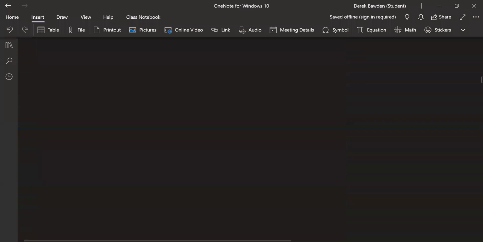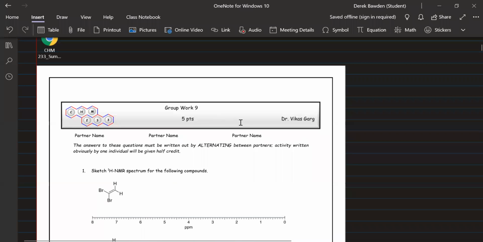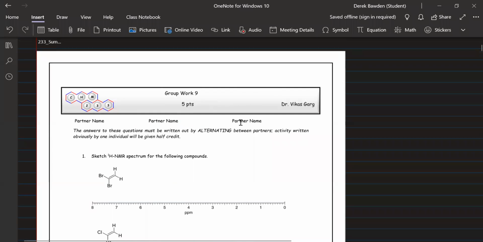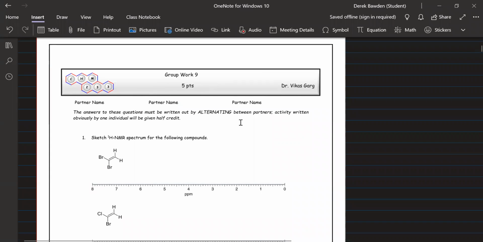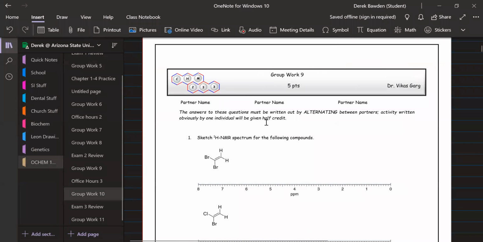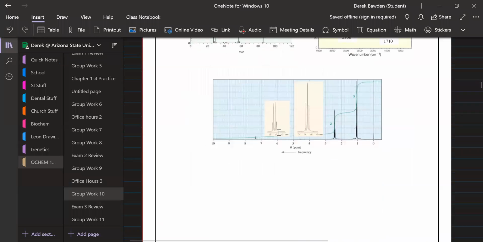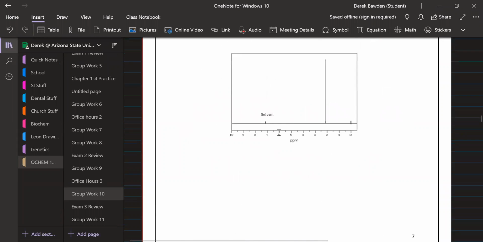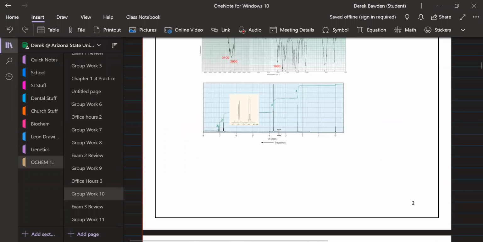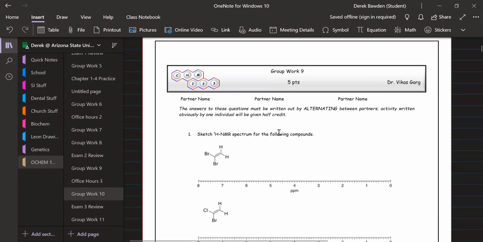So, were there specific questions that anybody had on group work? Oh, this is group work 9. Let me see. Not this one, right? That's actually the right one. This one is labeled group work 9, but it's group work 10.